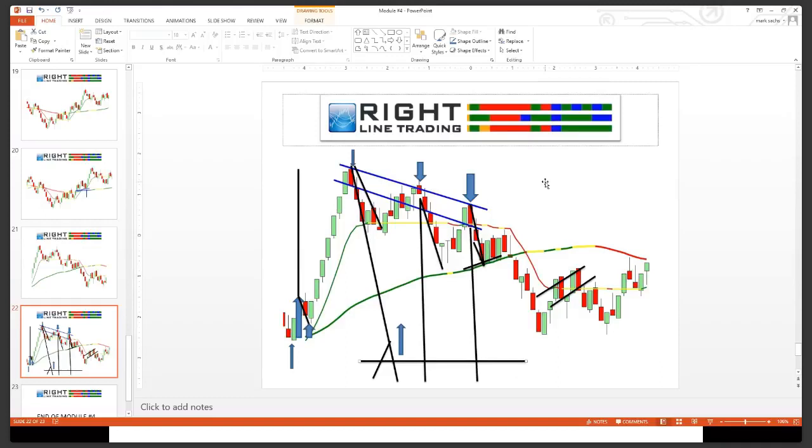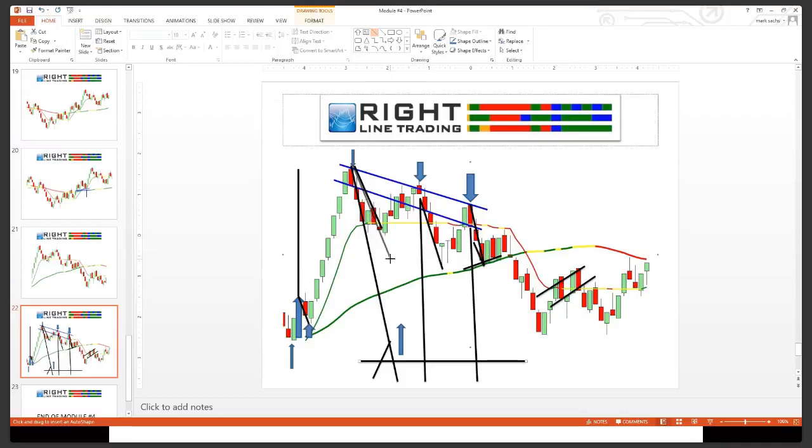What we're going to do is, in the next price action market structure module, we're going to go into counter trend trading. Now, this is a counter trend trade, and this is a counter trend trade. But I'm going to break it up, and I'm going to show you the perfect counter trend trades that we take. But I can just tell you right here, this is really what they are.